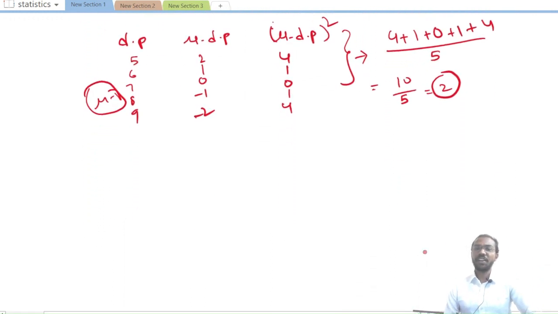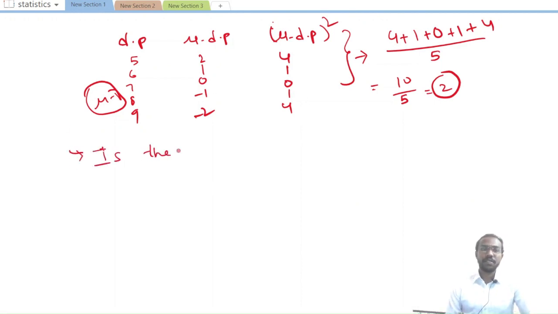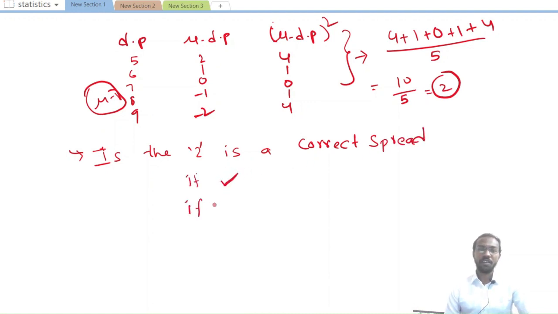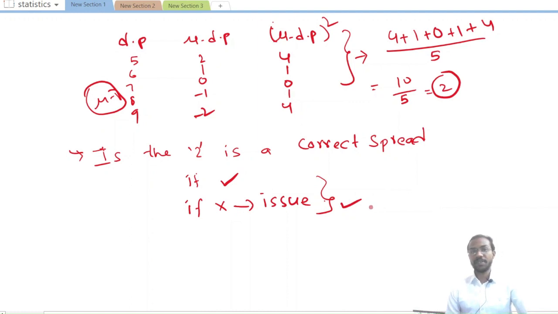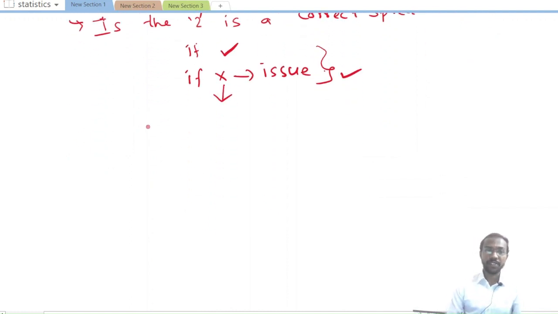Here again my question is, is the 2 a correct spread? If yes, okay. If wrong, what is the issue? Here the answer is that it is wrong, because we are doing squares.